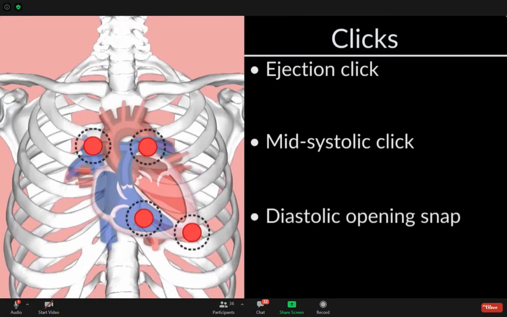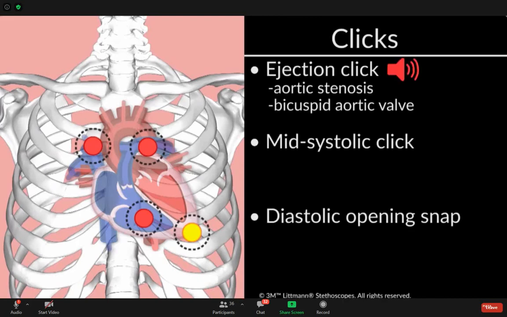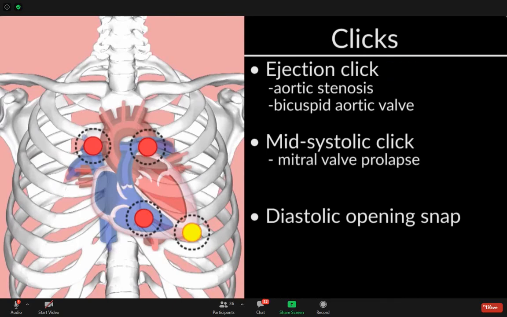An ejection click is usually appreciated at the apex of the heart and is reflective of aortic stenosis, usually if there's a bicuspid aortic valve as well. Mid-systolic clicks are heard at the apex and usually reflect mitral valve prolapse. Finally, diastolic opening snaps are also mitral stenosis, but are usually heard at the apex or left lower sternal border.